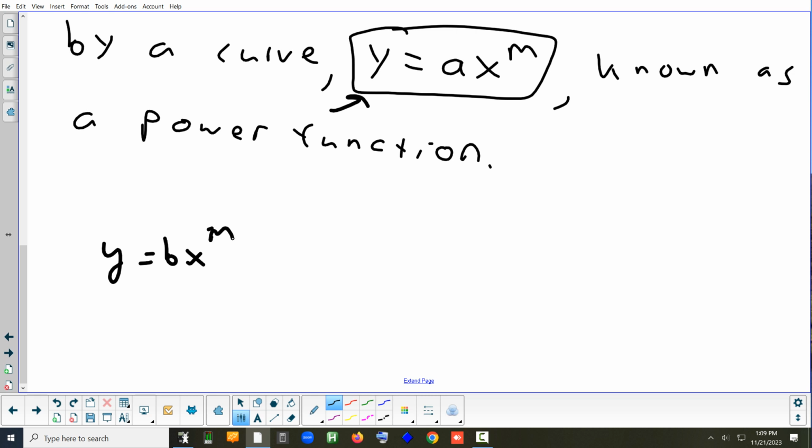Anyone remember what the B is usually used for? Y-intercept. B is usually used for a y-intercept. And what about M? Slope. And that's kind of what they are, and you'll see how.